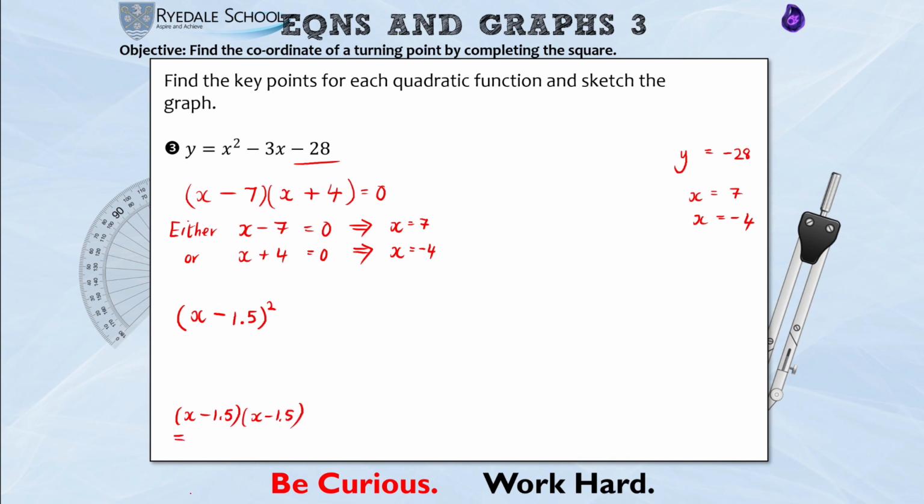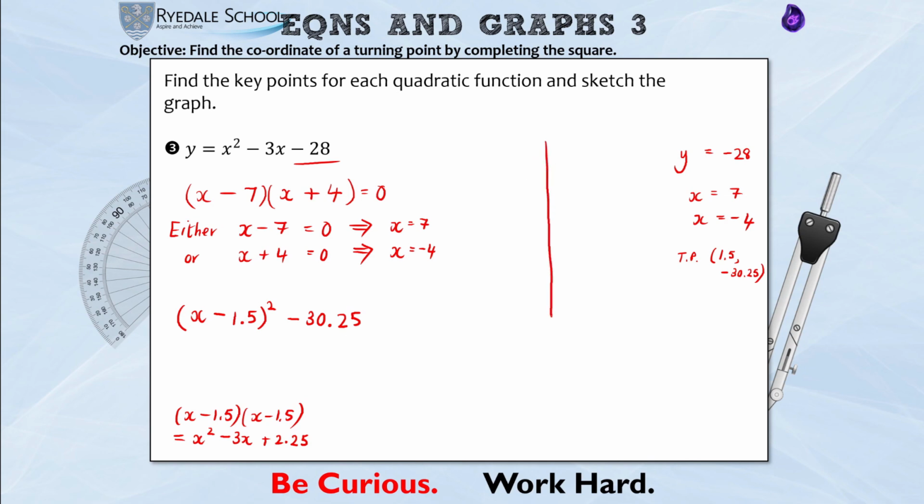So if I multiply that out with FOIL, I'd get the x squared, I'd get the -3x, but the lasts would multiply to make positive 2.25. So how am I going to get back to -28? Well, I'll need to subtract 30.25. So my turning point, remember, opposite of this one is going to be 1.5, -30.25.